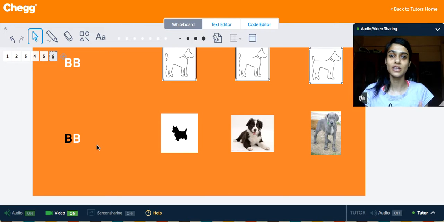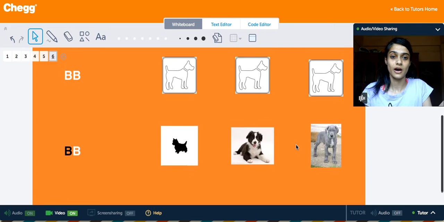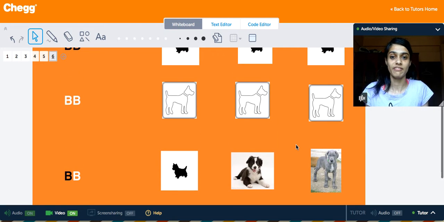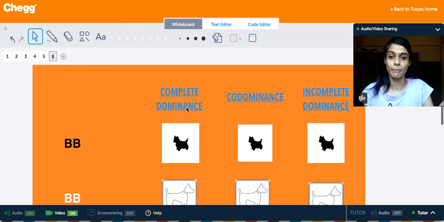You still get some effect of the white B allele that creeps in there, which means you get effects of the black gene and a little bit of the white gene, which makes the dog get a gray fur color, because black and white makes a gray color. So in this situation, you get a gray dog whose fur manifestations is a mixture of the effects of both these alleles. So that's the difference between complete dominance, codominance, and incomplete dominance.